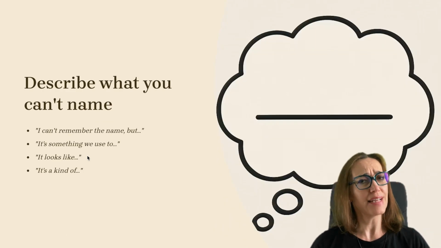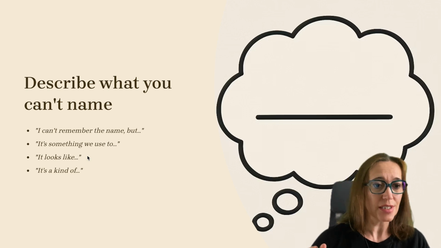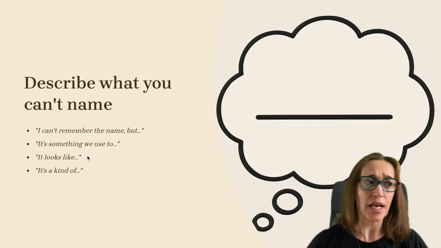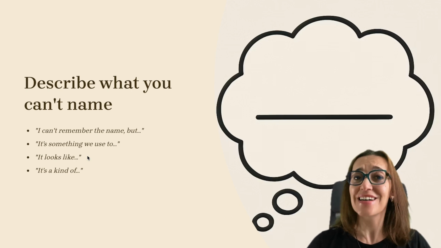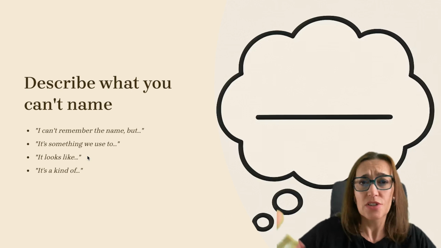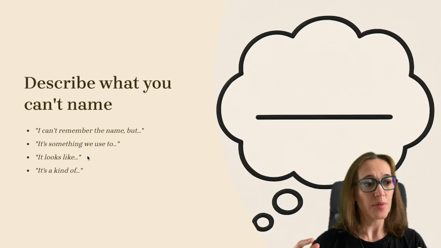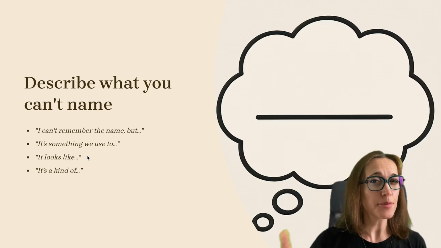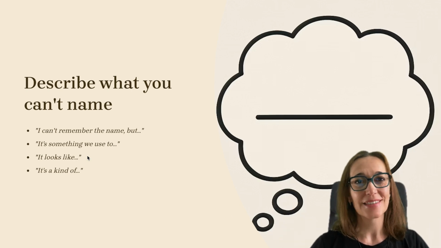I can't remember the name, but it's something we use to... It's something made of, and we mention the material. It looks like, and we would mention the shape. Or it's a kind of, and we would refer to the purpose. Again, describing. So, this is a great way out of our situations when we forget the word. Never freeze, move on, say what you can't name.